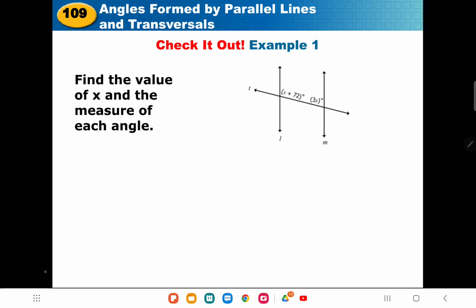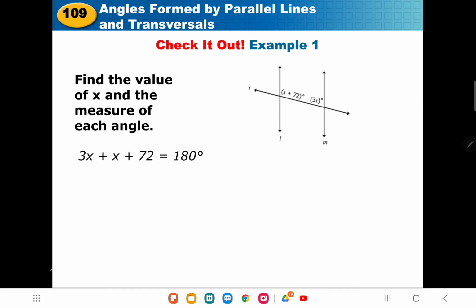Here is one example. Please note that lines L and M are parallel to each other and transversal T is crossing them. We'll use the same side interior supplements postulate to determine the value of x and the measure of each angle.